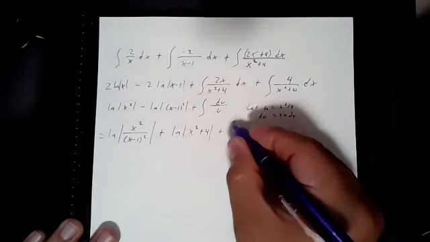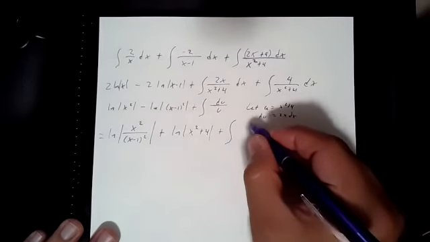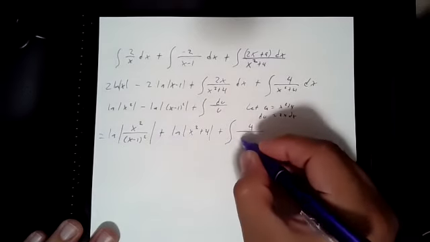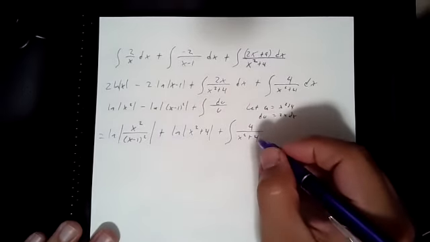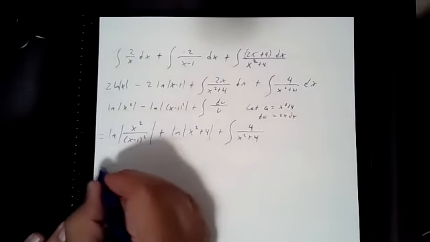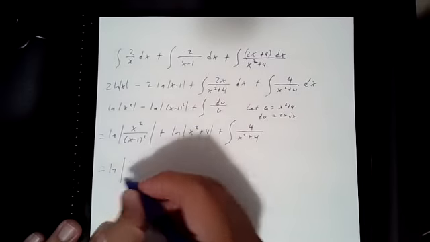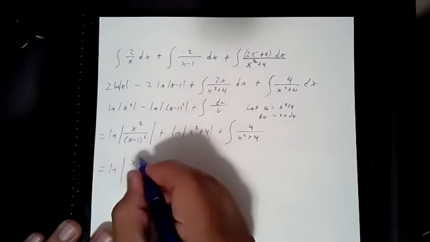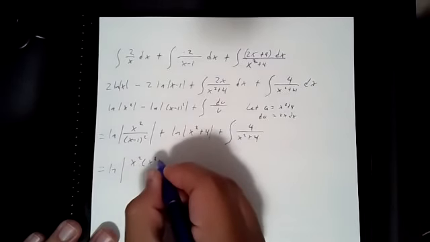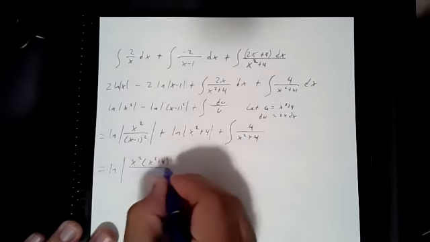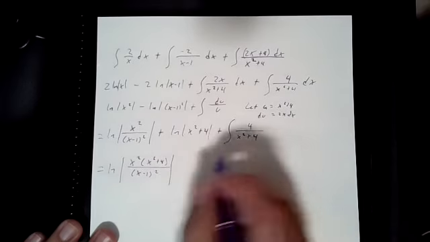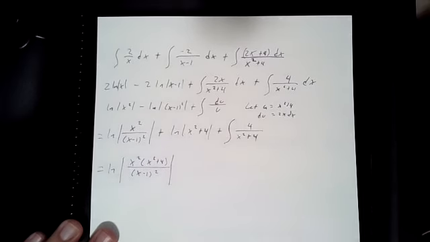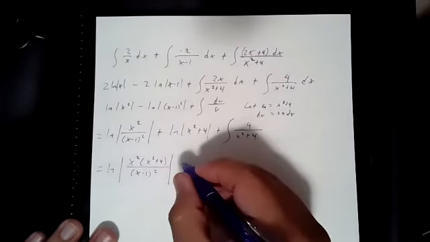Now we just need to integrate this guy. So using more logarithm rules, this will be x squared times x squared plus 4 over x minus 1 squared. Combining these two, this is actually what?